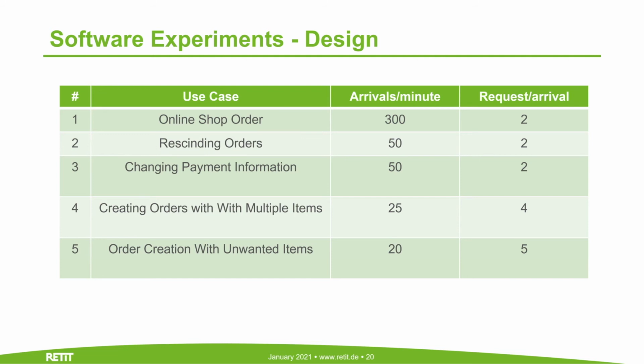We have also the user rescinding an order as a use case with 50 arrivals per minute. In contrast to the first use case, the user would rescind the order after creating it. There's also changing payment information with 50 arrivals per minute, and creating orders with multiple items with 25 arrivals per minute.